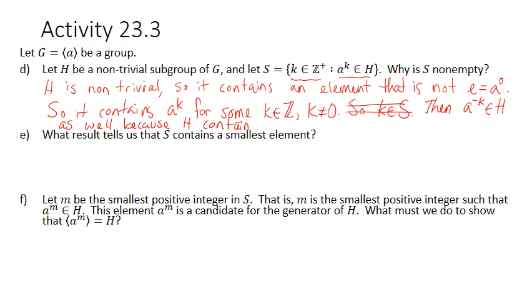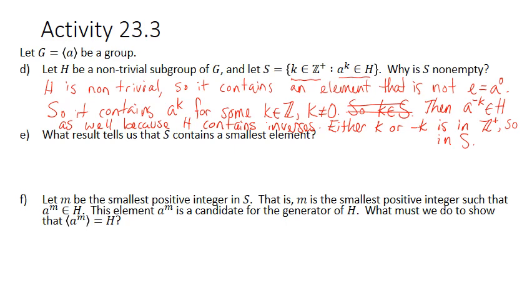So a to the negative k would be the inverse of a to the k. And then either k or negative k should be positive. Okay, I hope that argument makes sense to you.